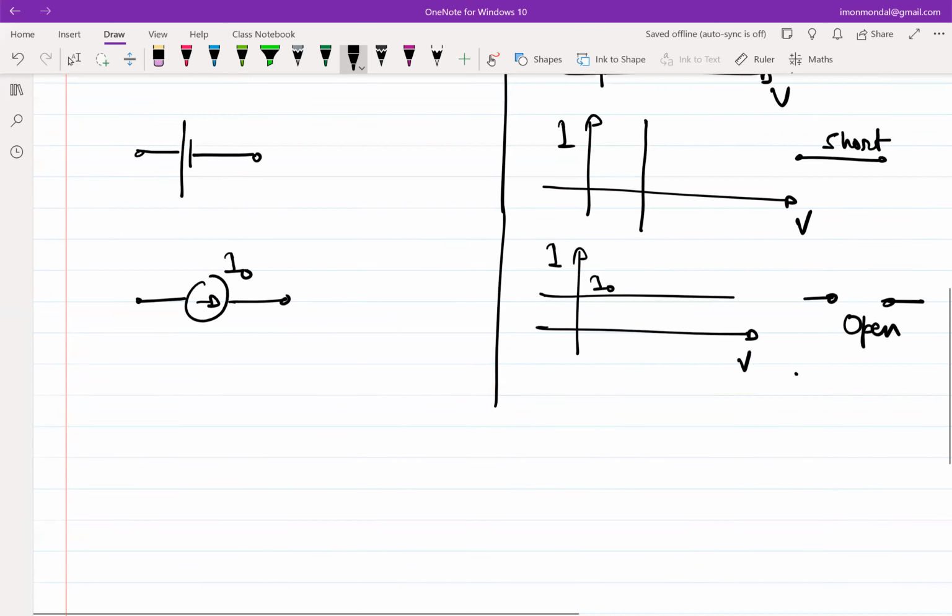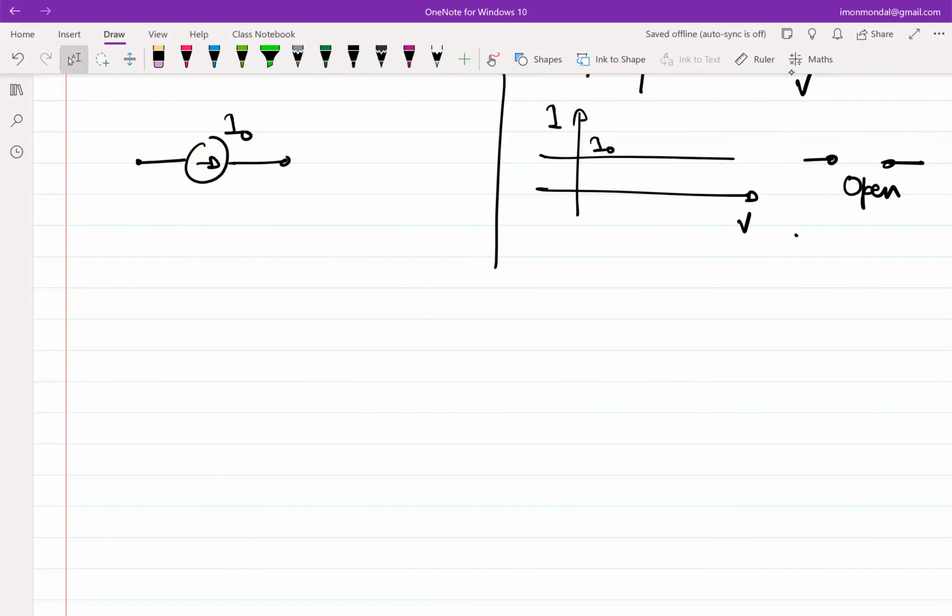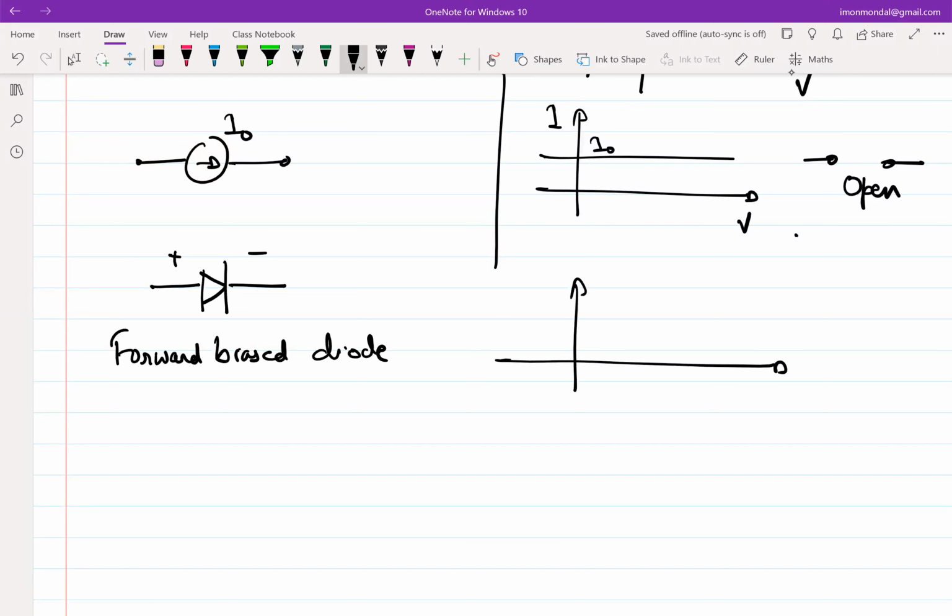Okay. So let's say I have a specific nonlinear device. I call this a diode, and I assume that this is a forward bias diode, right? So what is the IV characteristics of this? The equation is, this is ID and this is VD.